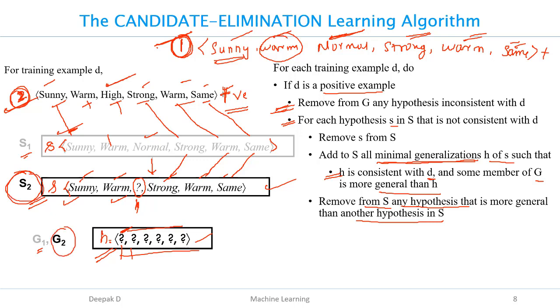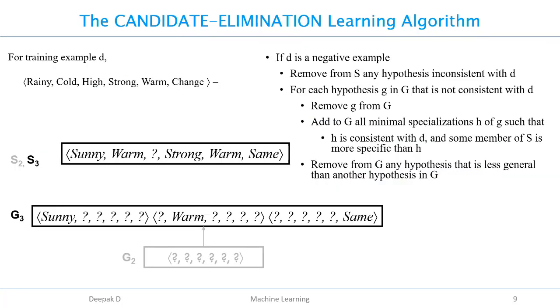Now let's see the next instance, which is a negative instance. So the third instance is a negative instance. What do you have to do with the third instance when you have the negative example? You have to remove from S any hypothesis which is inconsistent with D. So you have to make sure whether the hypothesis is inconsistent with my training example.